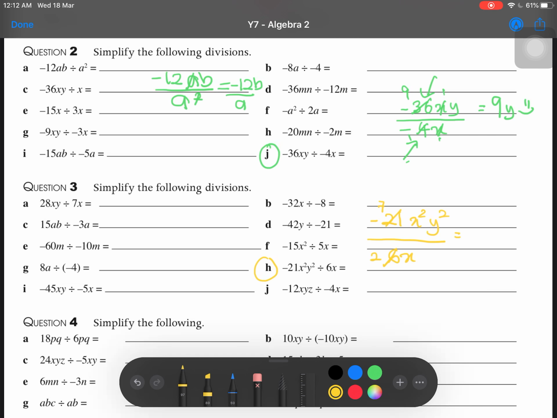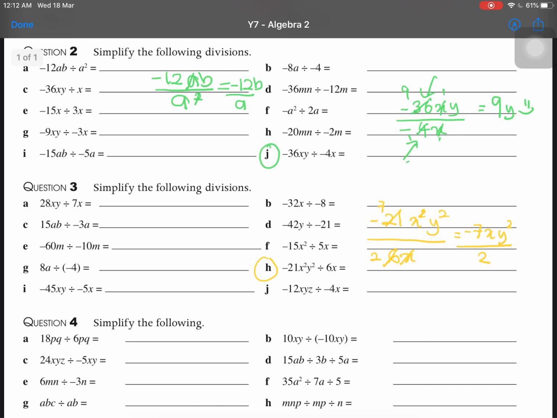Don't worry about the negative sign because we are just going to write it as it is later on, because negative divided by positive, it remains negative anyway. In terms of letters, you can cancel one x from each part, top and bottom. There's no y to be cancelled. So as the final answer, you get negative 7xy squared over 2. That's how we solve that question.